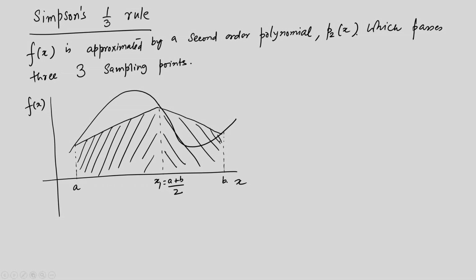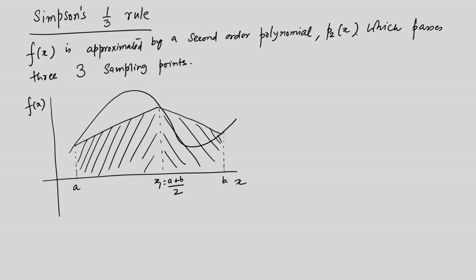Okay. So, this entire region is now replaced by the sum of these two trapezoids or trapeziums and then one calculates this. So, this is a value f of A and this is a value f of B and this is a value which is f of x 1, where x 1 equals A plus B by 2.